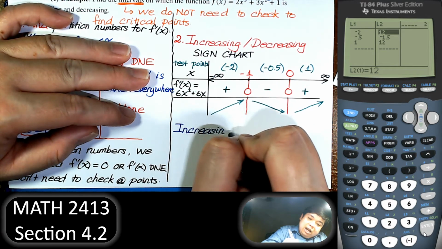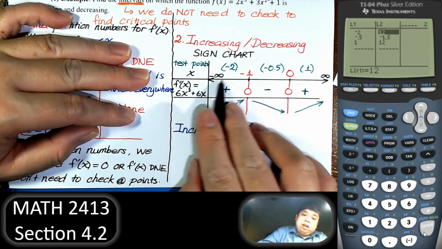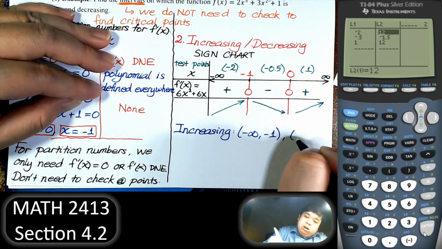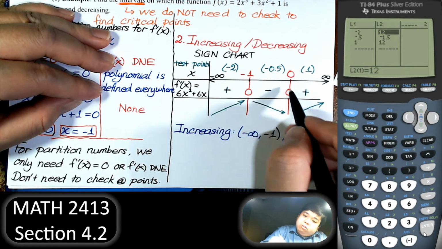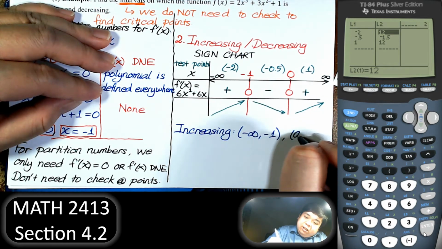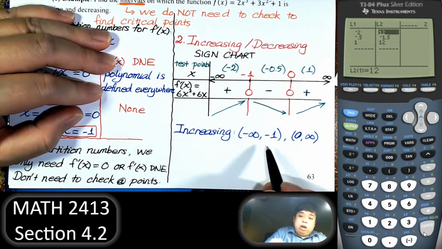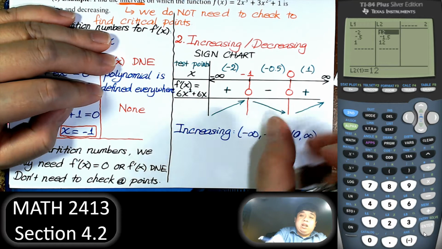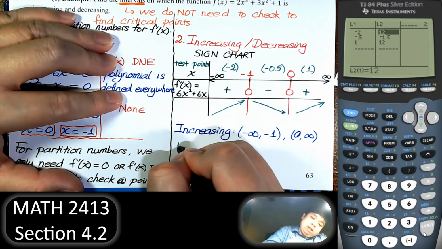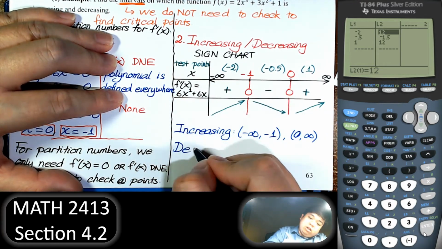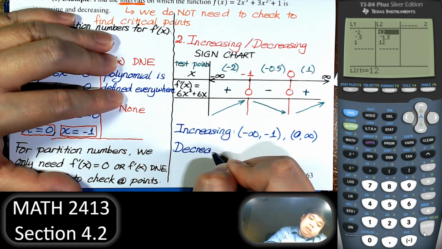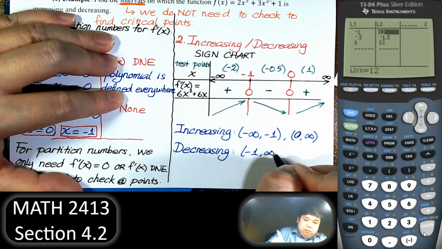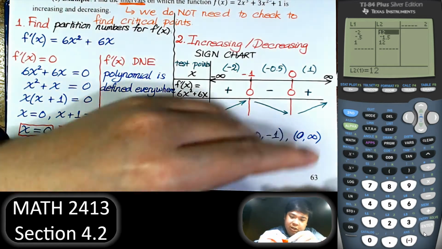We can answer that as x from -infinity to -1, or from 0 to infinity. Notice that I do not write the union here because it is increasing here and increasing here, not increasing all the way. And decreasing will be from -1 to 0.